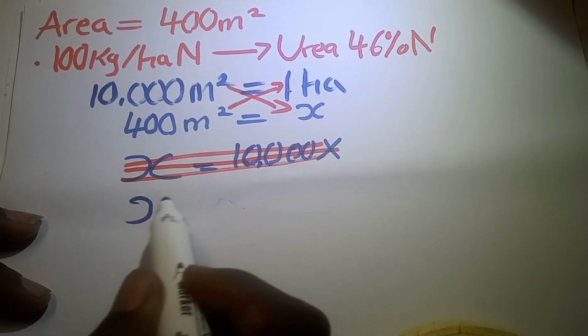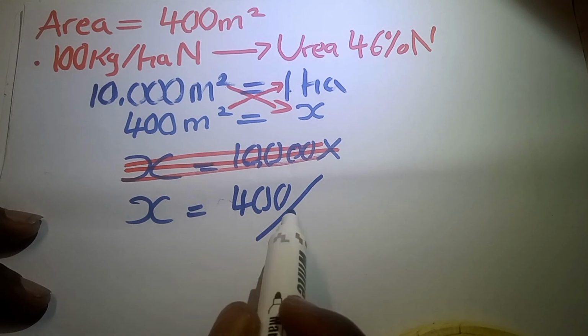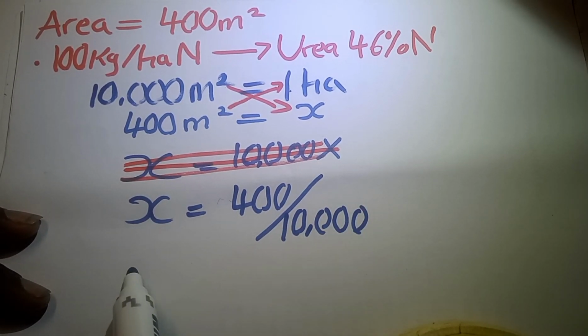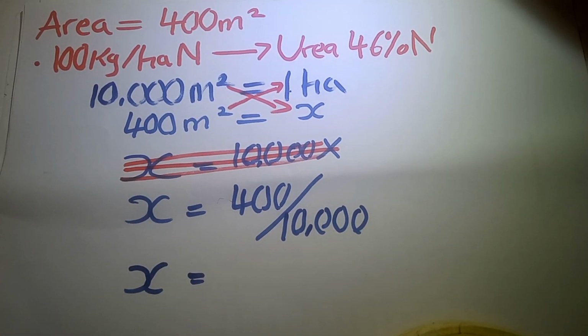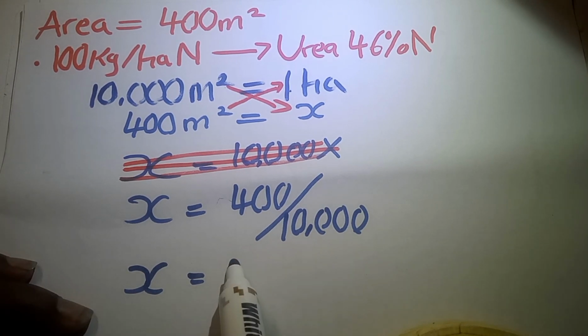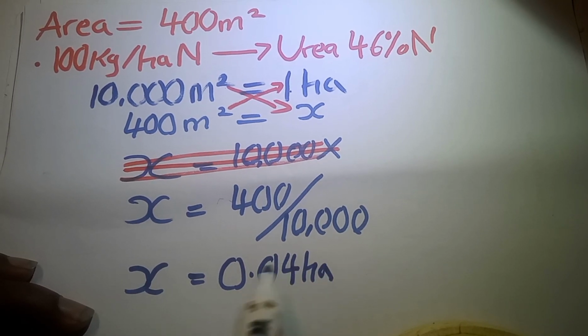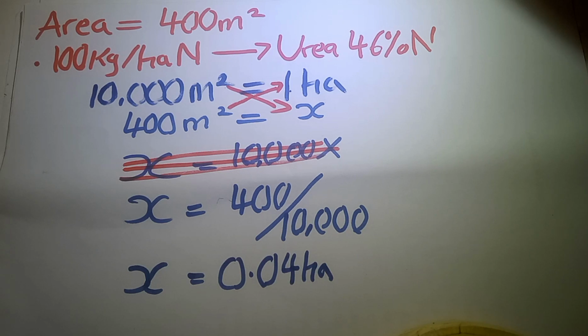So I'm going to have x is equals to 400 over 10,000. The value of x in hectare is equals to 400 divided by 10,000, which will give me 0.04. So I'm going to have 0.04 hectare. I have converted my 400 meters square to hectare with this.